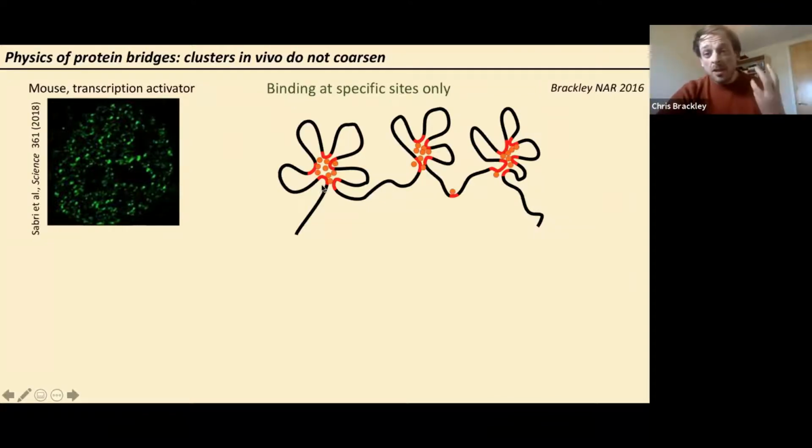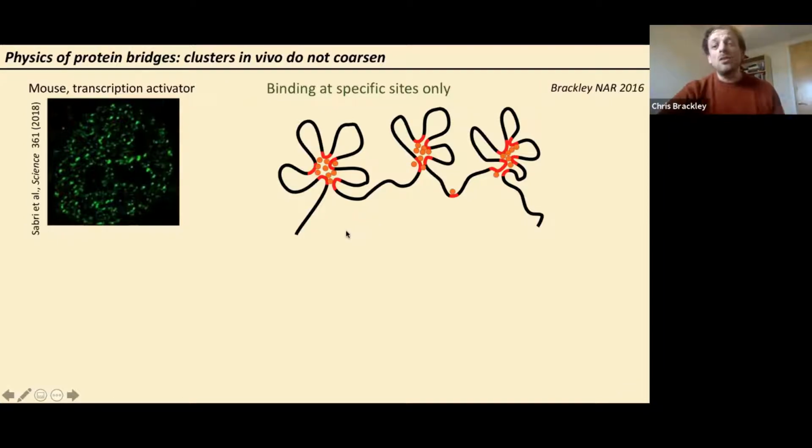If there are specific binding sites for these proteins, then you don't see coarsening of the clusters. This is because bridges between these binding sites tend to lead to loops forming in the chromatin, and there's some entropic cost to forming these loops, and so you can't coarsen these clusters into one large cluster.